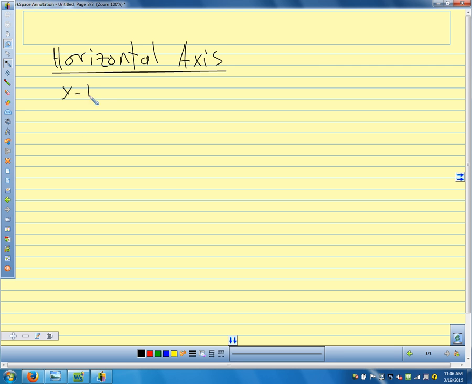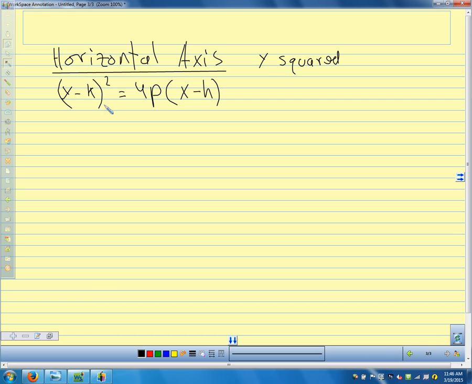So (y minus k) squared equals 4p (x minus h). So in our horizontal axis, the y part is squared. And in standard form, the squared part always goes by itself on one side. Our vertex, same place, still (h, k).